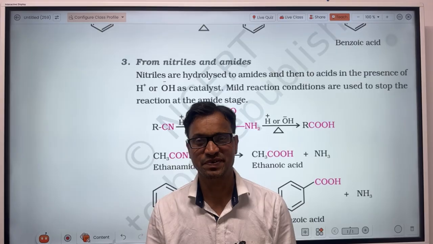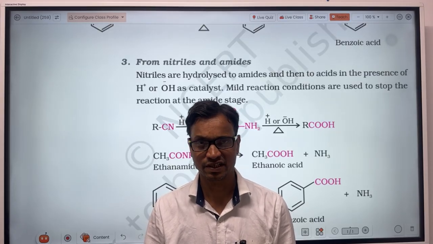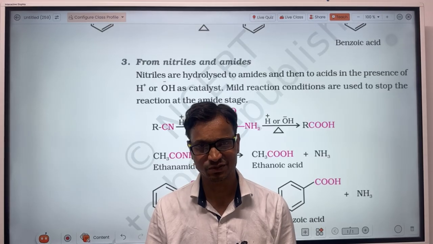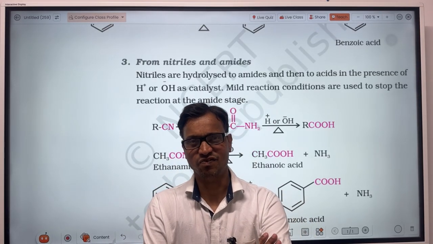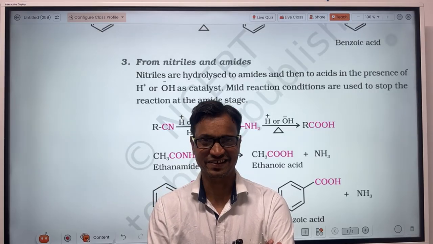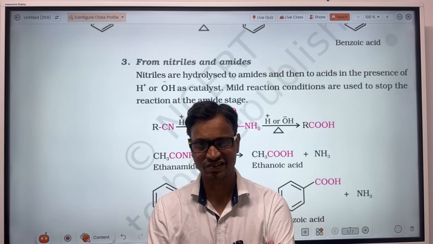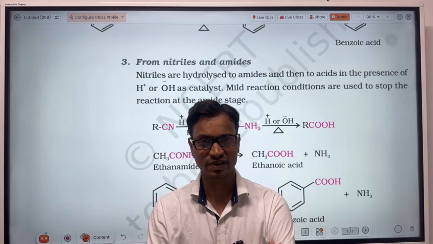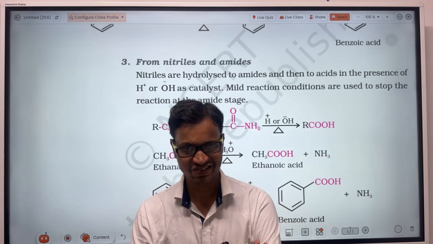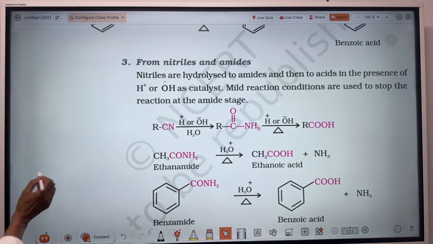And when you were preparing the ketone, you were reacting the nitrile with Grignard reagent and then passed water. But if you pass the water directly into the nitrile, there will be formation of firstly the amide, and then that amide will further give the carboxylic acid. How? Let's see. You can do it by yourself also, even though I am doing these reactions here.